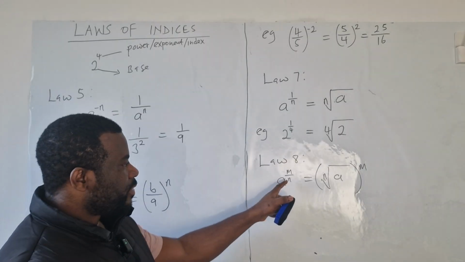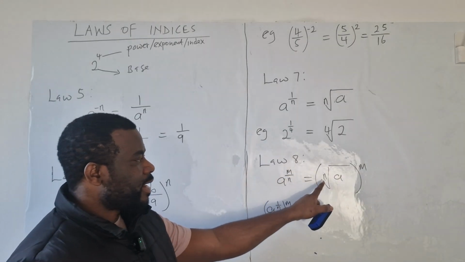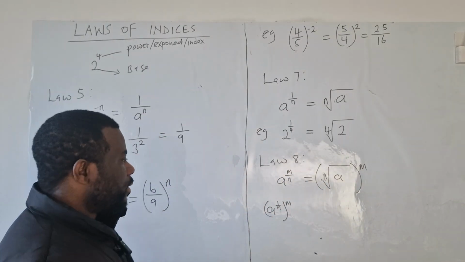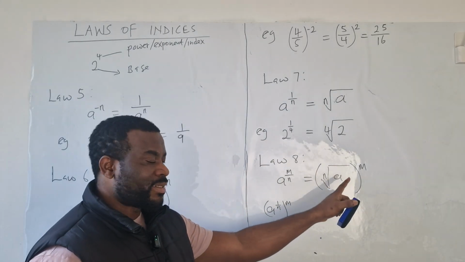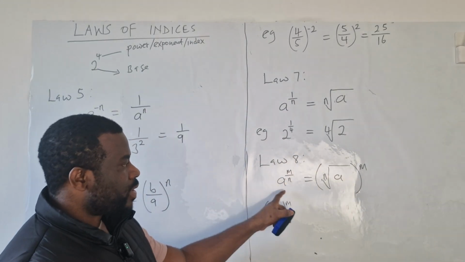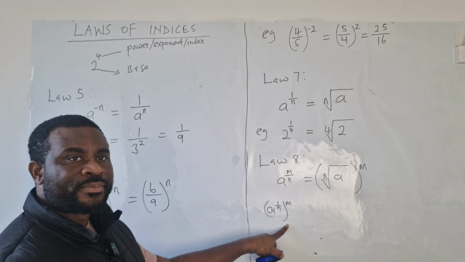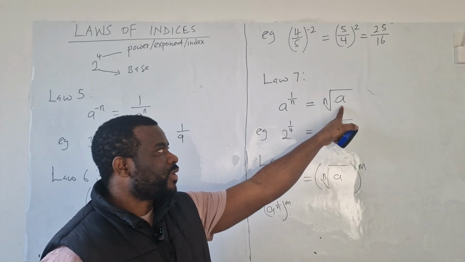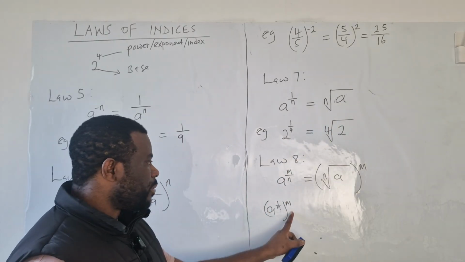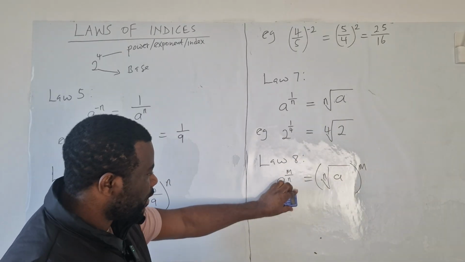If I have a raised to the power m on n, it can be written like this. Good. And the explanation is that this one can be written as this. So a raised to the power 1 over n will give us the nth root of a, all raised to the power m. That's what we have over there.